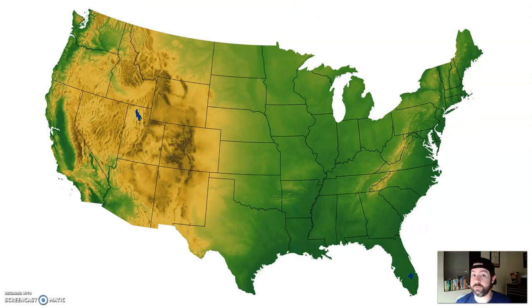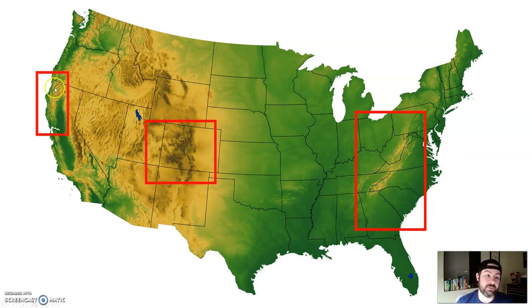Well, guess what's in these three areas? You have the Appalachian Mountains over here on the East Coast. You have the Rocky Mountains over here. And then you have some of the coastal ranges of California over here, Sierra Nevada and the Cascade Ranges, some of the other coastal ranges of California. Well, go figure.